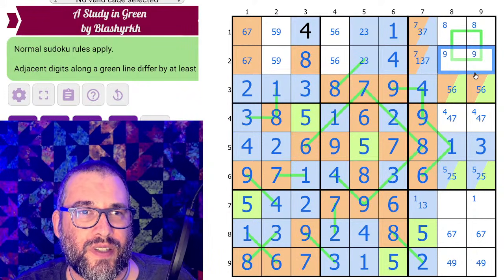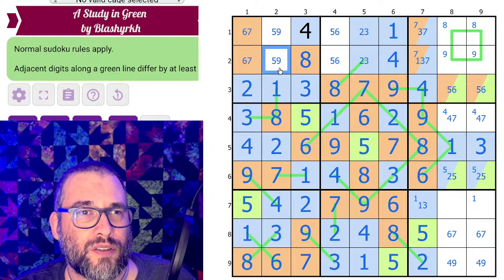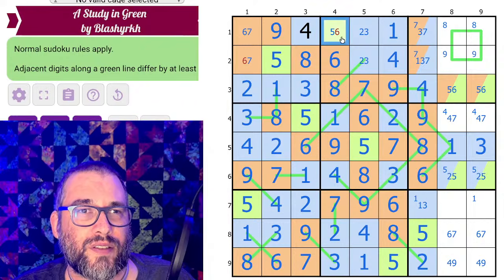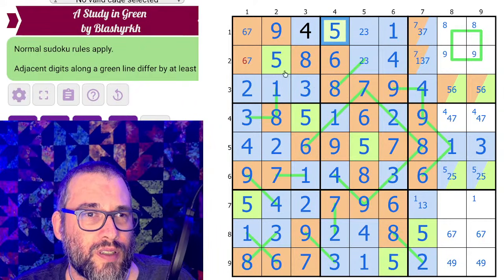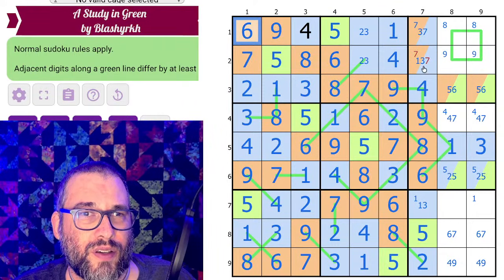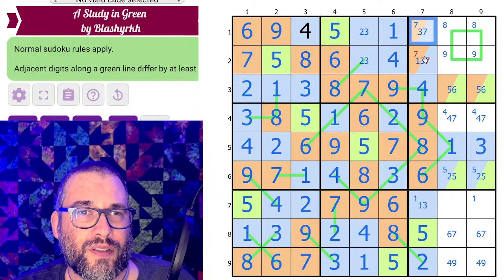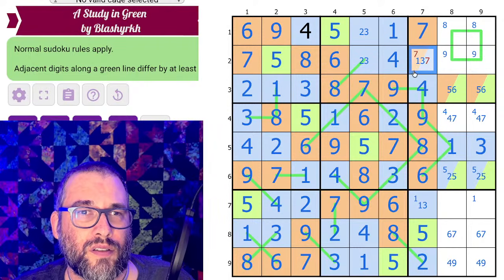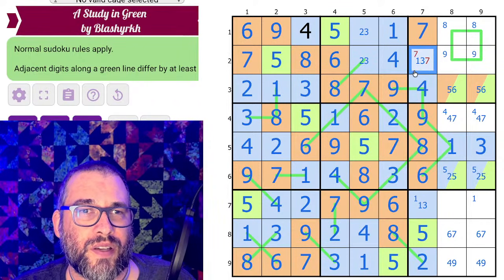One of these is 9. So that's 5. That's 9. That's 6. That's 5. 7 and 6 go in. This is our 7. That's 1 or 3.